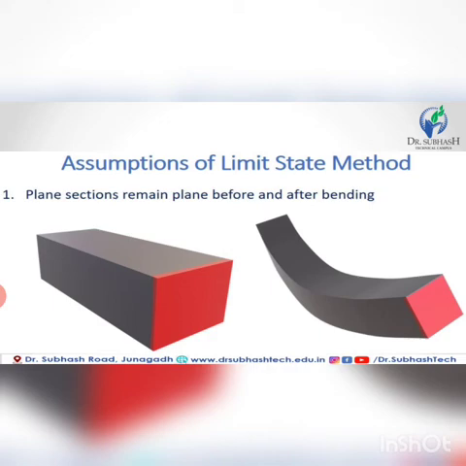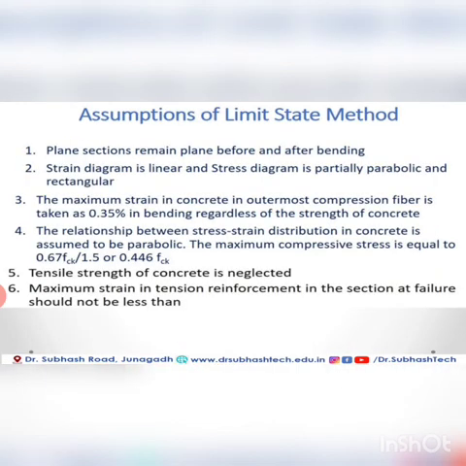Next, assumptions of limit state method. First assumption, plane sections remain plane before and after bending. Second, strain diagram is linear and stress diagram is partially parabolic and rectangular.